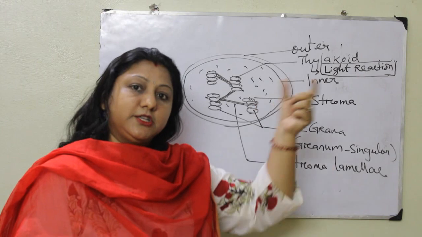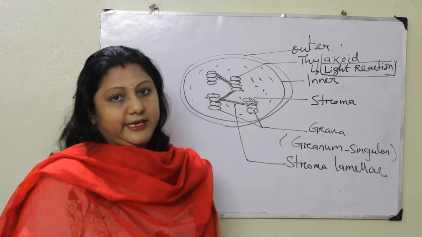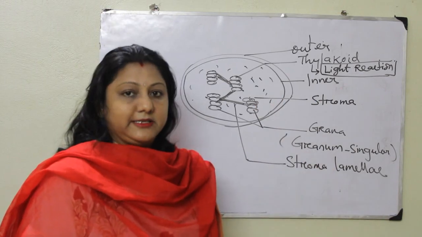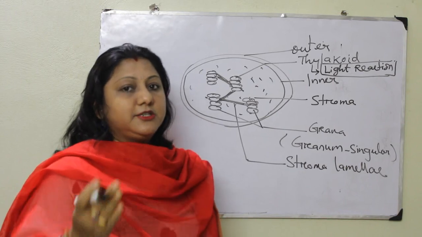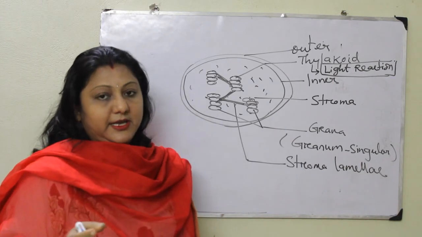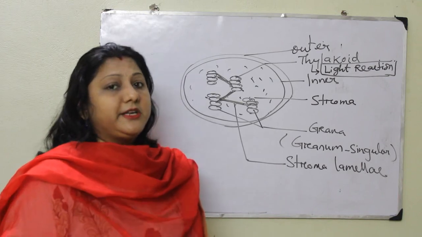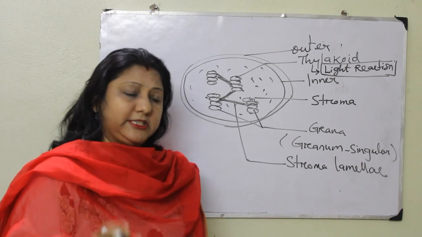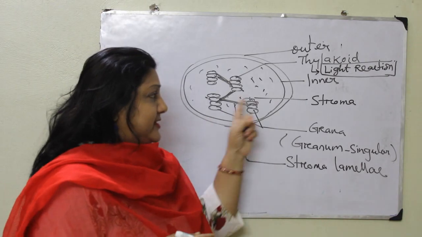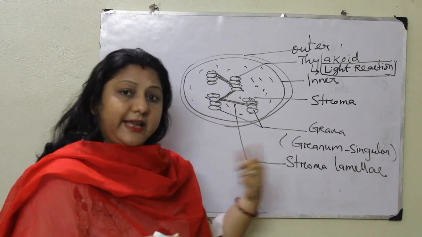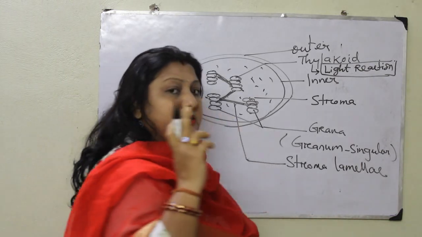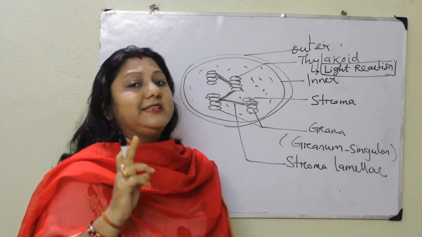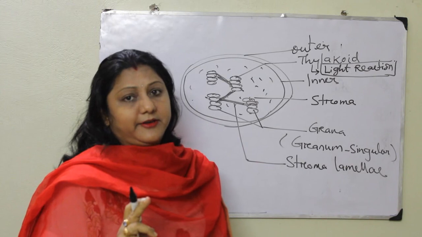So the first stage is the absorption of light energy. Stage number 2 is the conversion of light energy into chemical energy, and at the same time the splitting of water molecules also takes place. After this process, the next phase is the dark reaction. What happens in the dark reaction? Carbon dioxide is reduced to carbohydrate.